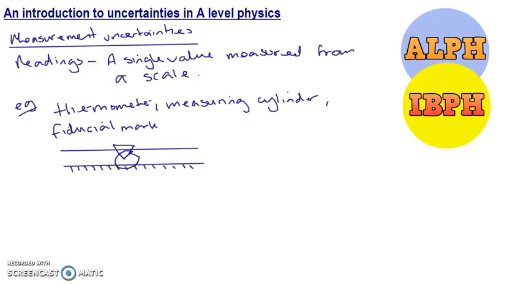If we've got an analog scale, so for example a ruler or ammeter or voltmeter with a dial, we can measure to the nearest, well, it's plus or minus half the smallest scale division.